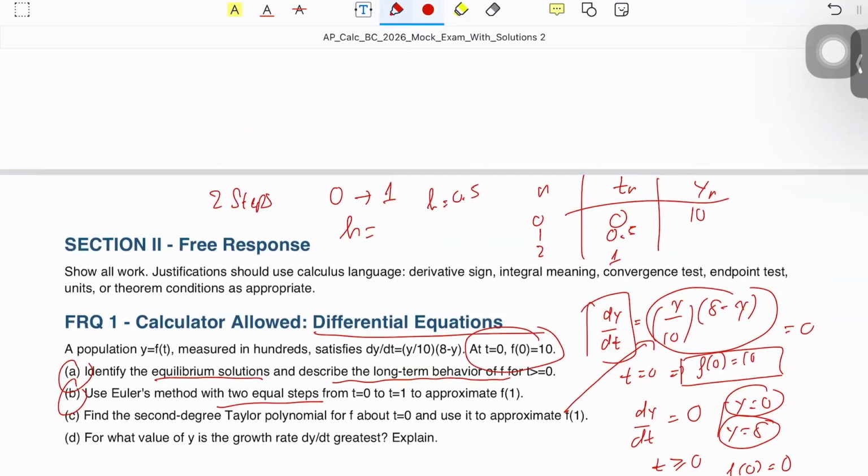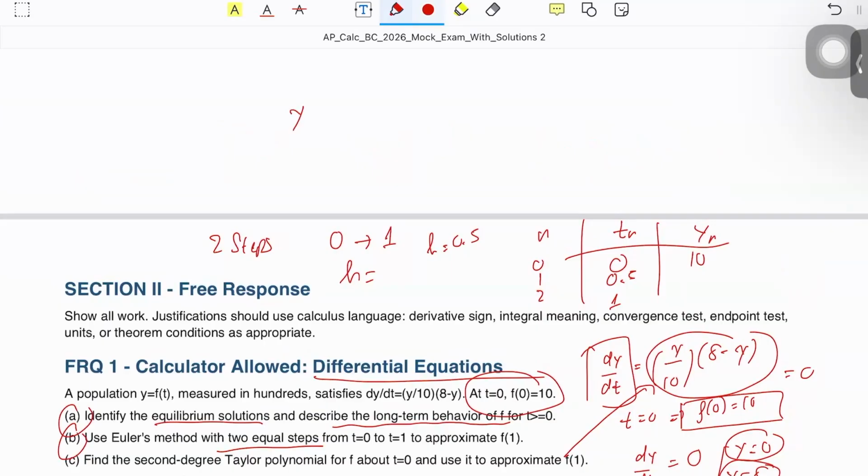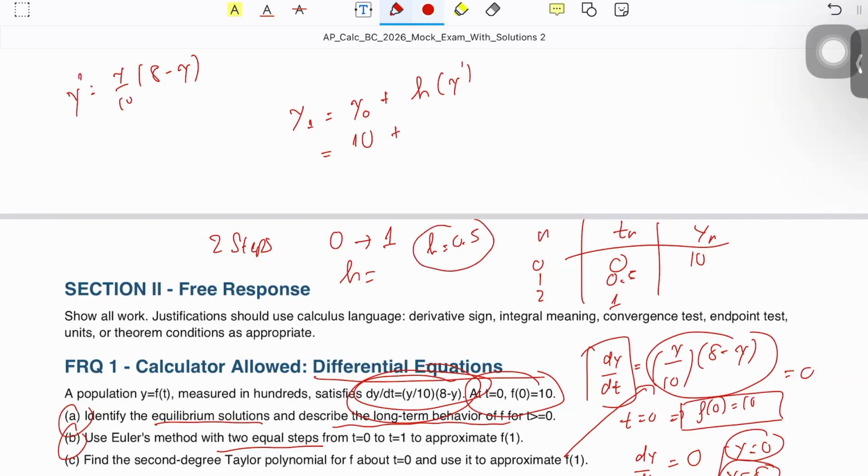Now you use the Euler formula: y1 equals y0 plus h times the derivative. The derivative is dy over dt, the one that they give you. So y prime here is y over 10 times (8 minus y). Stop me anytime for any question, okay? So y0 is 10, plus h is 0.5 because you want two steps going from 0 to 1.